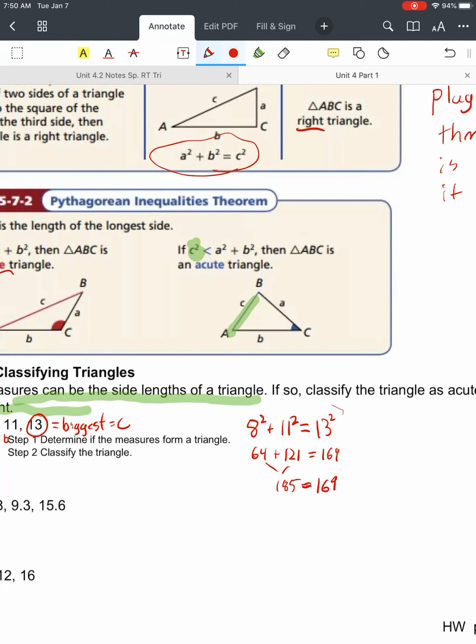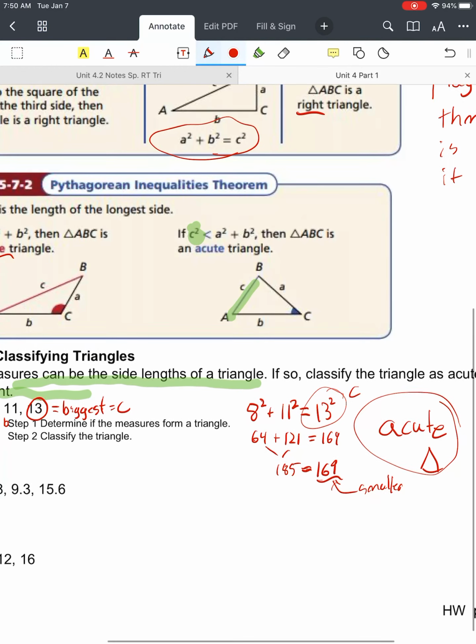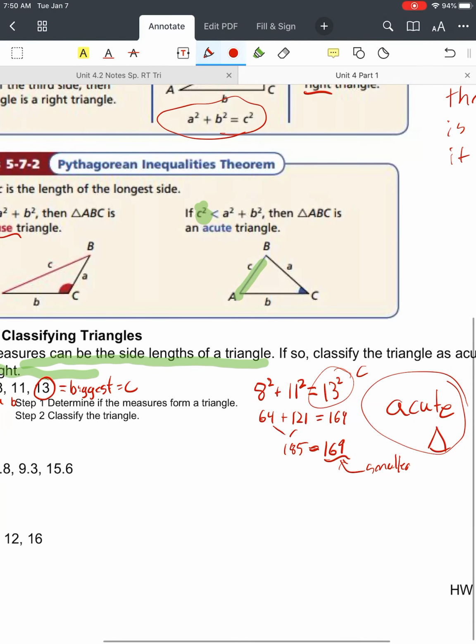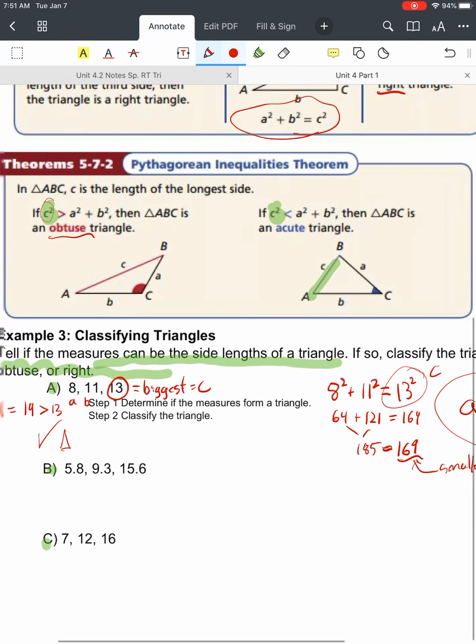This was my C, since the C gives us this 169, and 169 is smaller than 185, we find that this is an acute triangle. So we're basing our judgment on that hypotenuse, that C. So let's take a look at the next example.